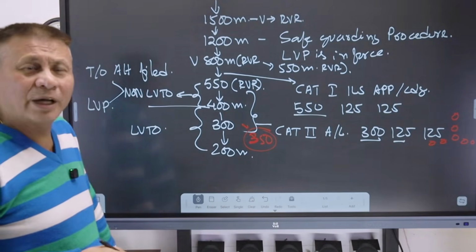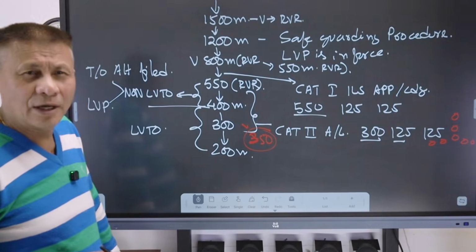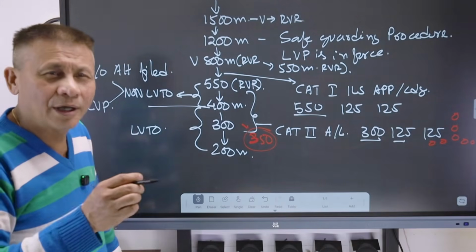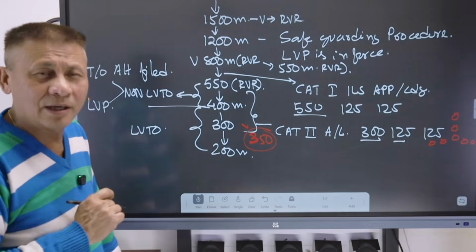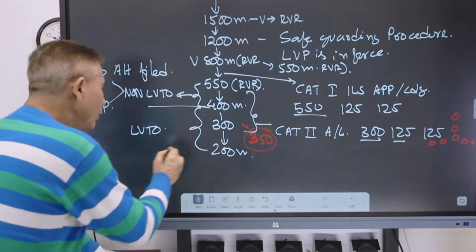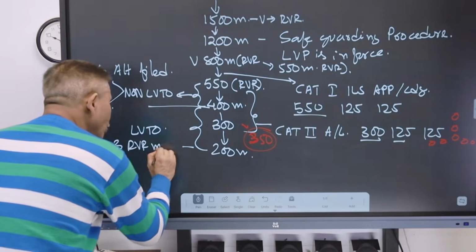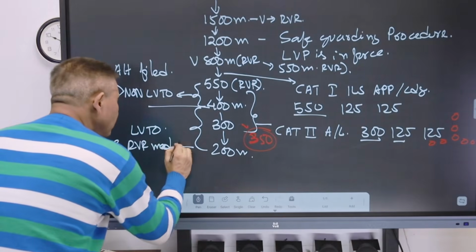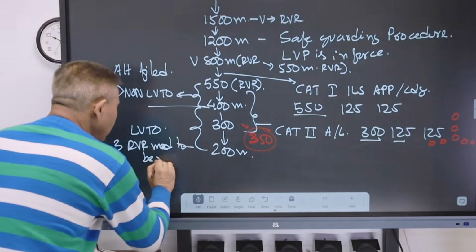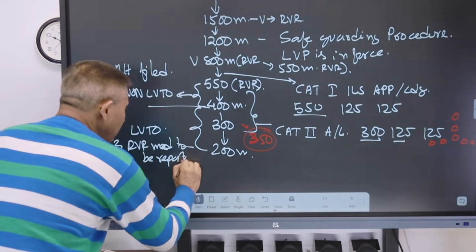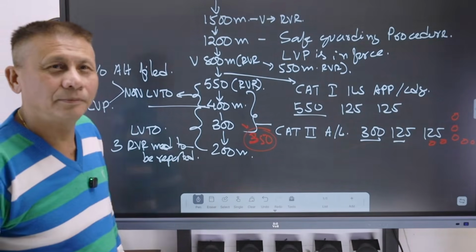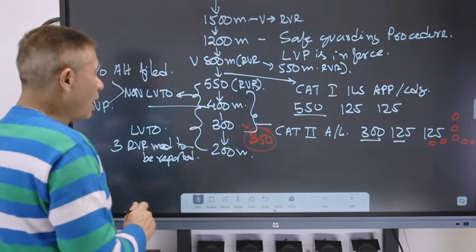But once the RVR drops below 200 meters, then thereafter all the three, that is touchdown, mid as well as the end RVR, need to be reported. That is to say that 3 RVRs need to be reported. Done.